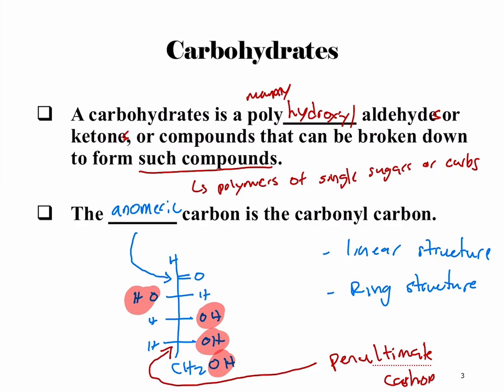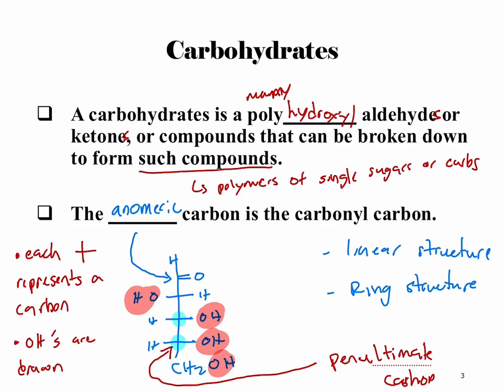Right? And if we're looking at this structure, each intersection represents a carbon, and OHs are drawn. So what I mean by that is that at each spot here, those all represent carbons.